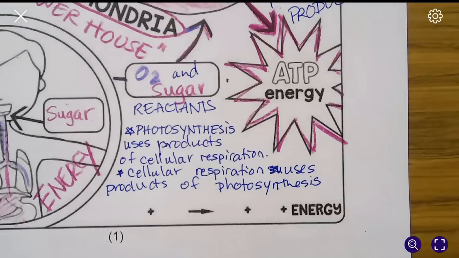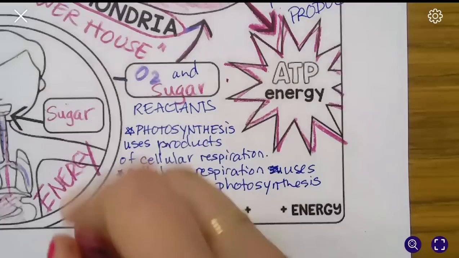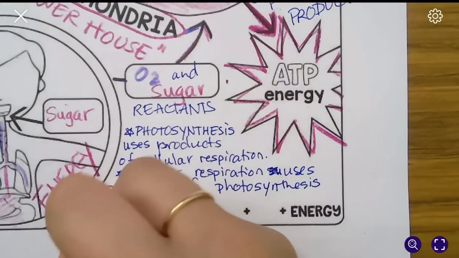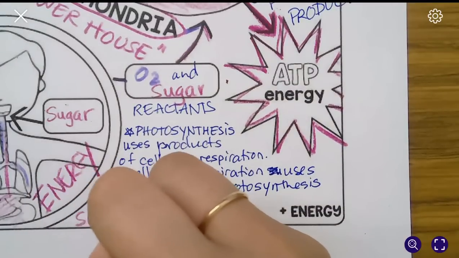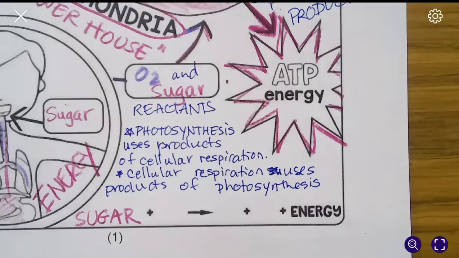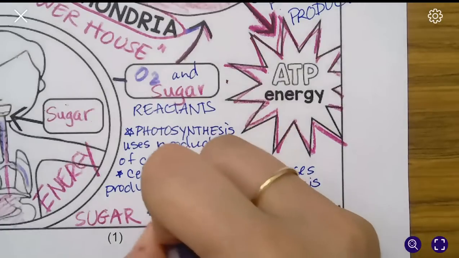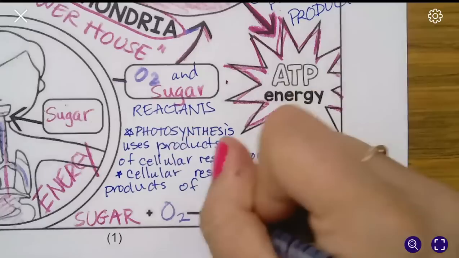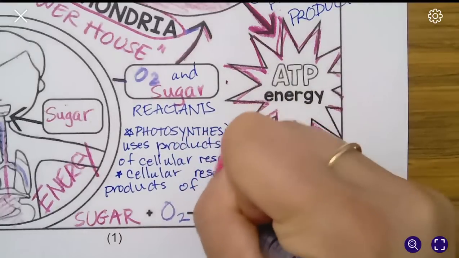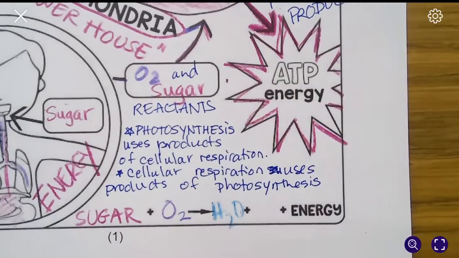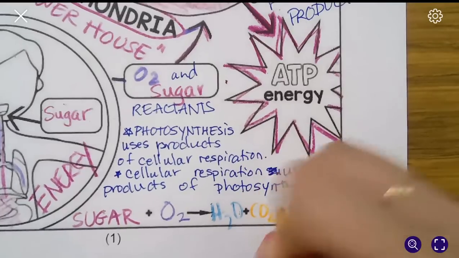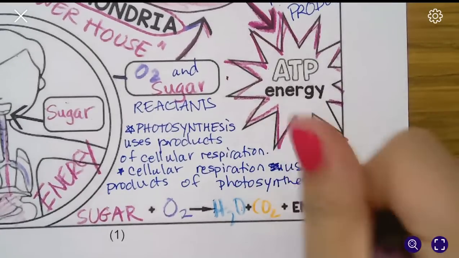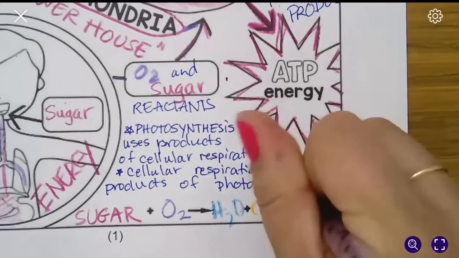All right, and then a little refresher of our equation. Grab your red, we put in sugar and oxygen, and we get out H2O, we get out CO2 and energy.